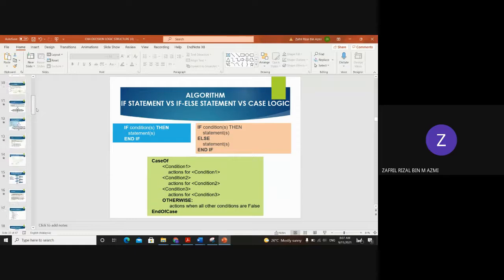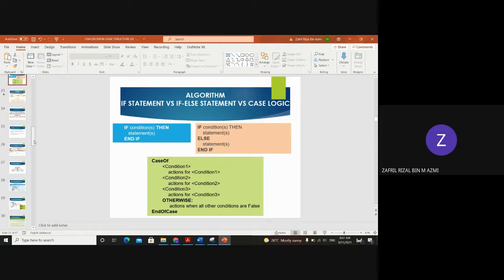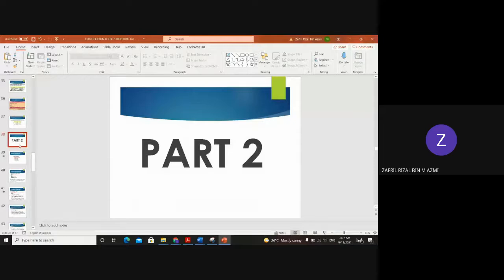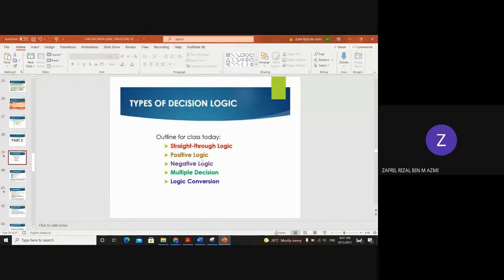So in part 2, we are going to look more at the multi-selection structure, which can be further divided into straight-through logic, positive logic, and negative logic.